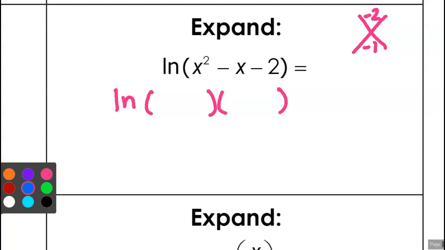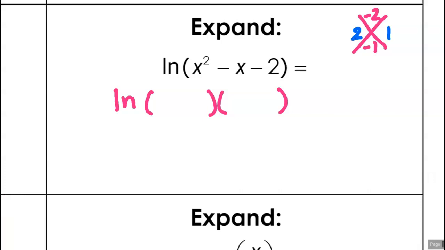And which one's negative? Yes, negative 2. So negative 2 plus 1 is negative 1. And these are my immediate factors because I don't have any a values, so I don't have to worry about dividing by a. So you have x minus 2 and x plus 1.